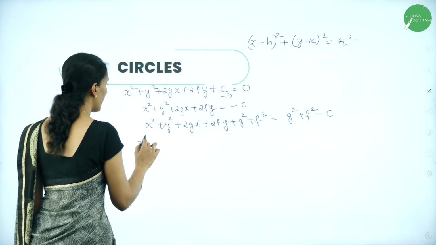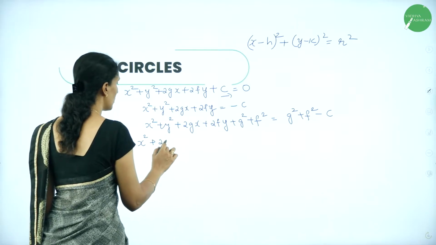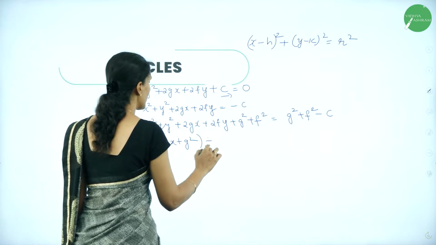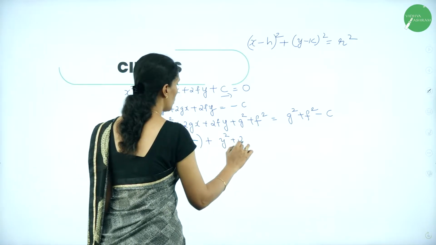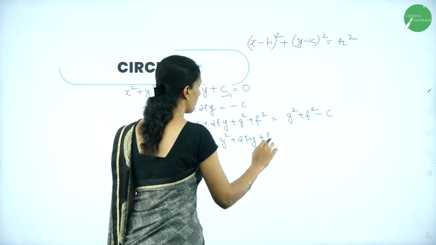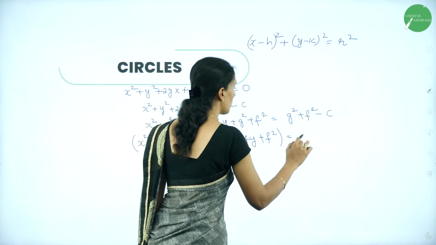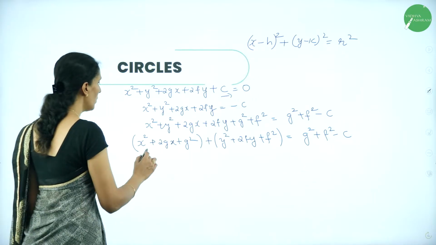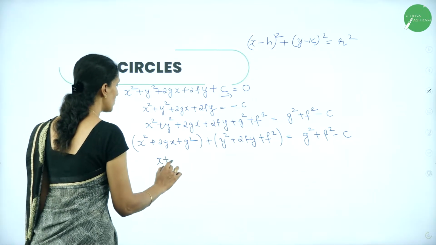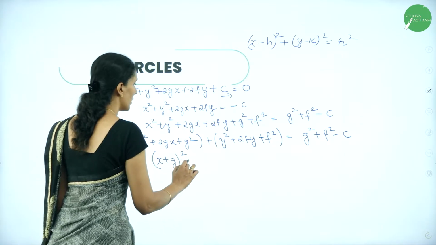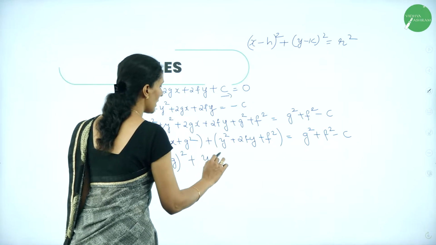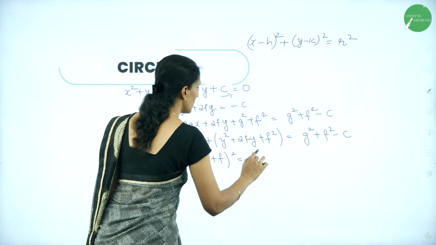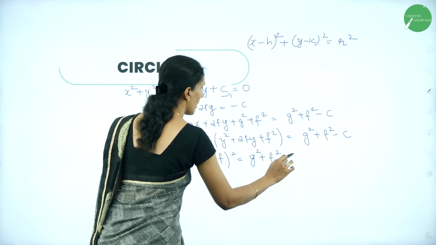Now I'll separate this: x square plus 2gx plus g square plus y square plus 2fy plus f square is equal to g square plus f square minus c. So this is x plus g whole square, this is y plus f whole square, and this is g square plus f square minus c.